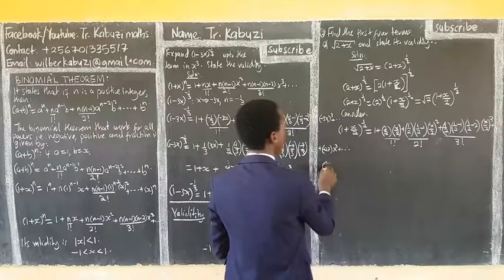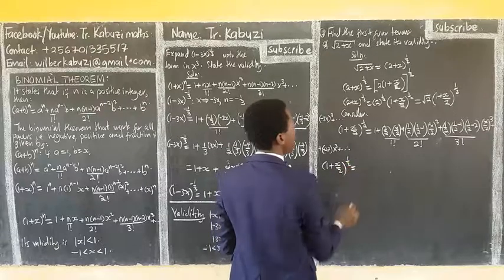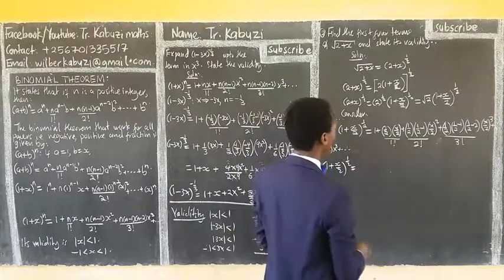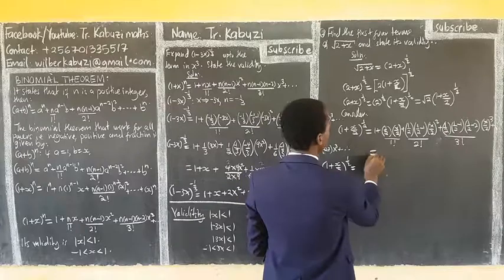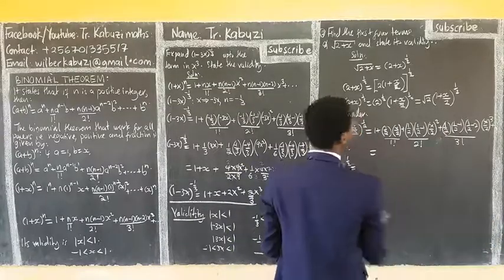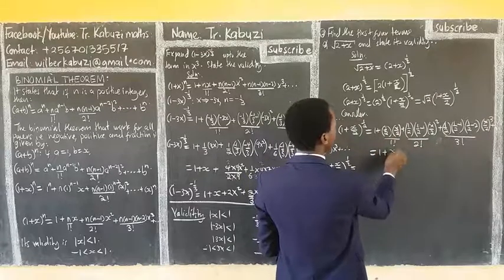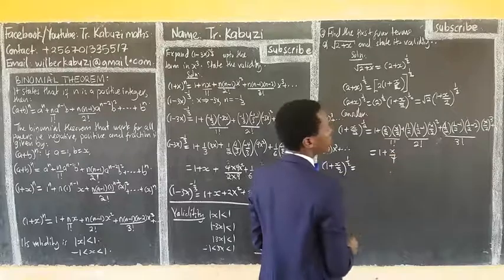Now from here, my 1 plus x over 2 power half, let me first write it here so that we fall down to this step. Here I have now 1 plus a half times this, we get x over 4. 1 factorial is 1.